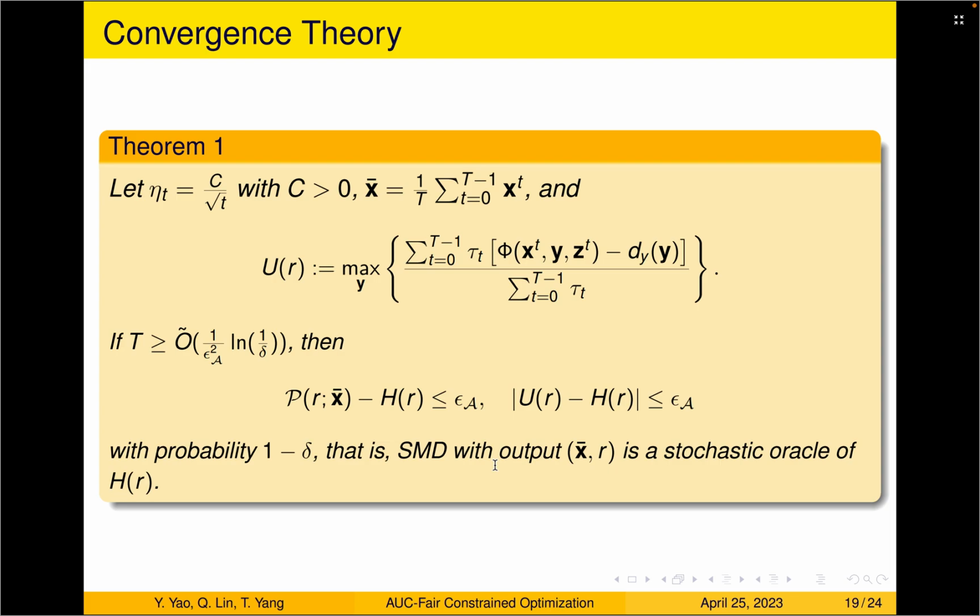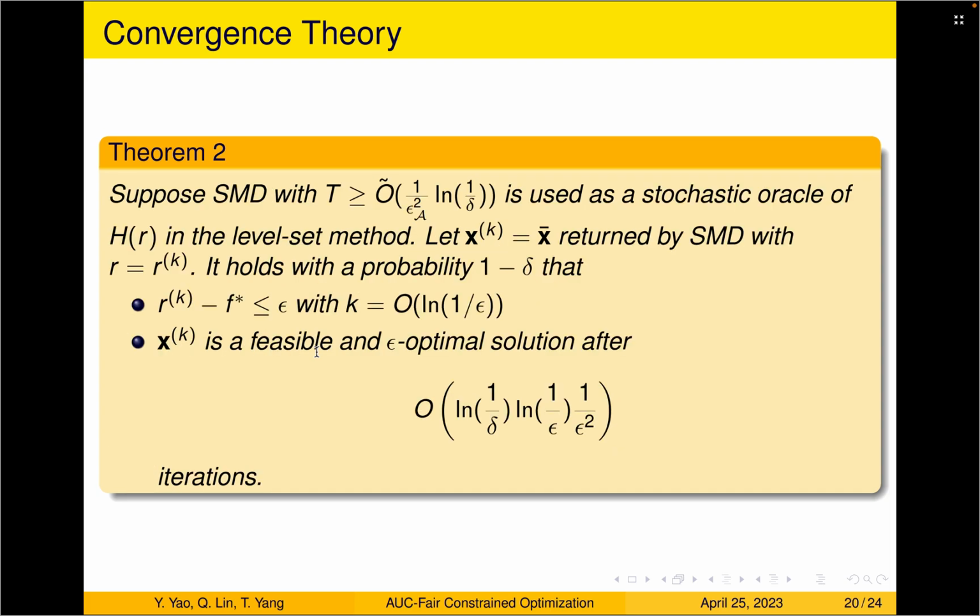The first theorem is about the stochastic mirror descent. If we let eta and tau be a constant divided by the square root of t, we know that if we have enough iterations, then this stochastic mirror descent is a stochastic oracle for the level set function h_r.